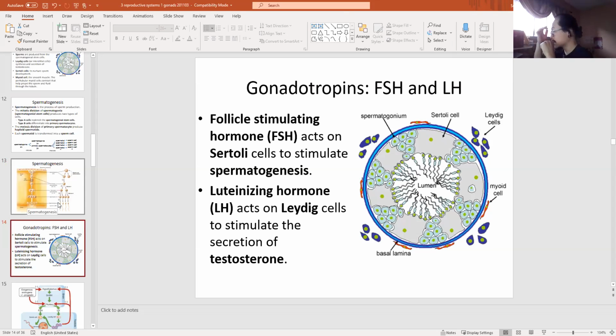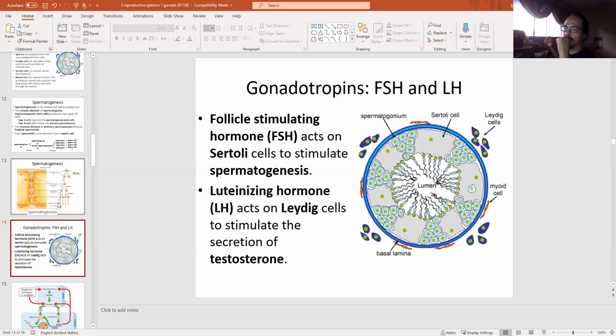How does our body regulate this? So you probably know that there is age, right? So male will start to become able to produce sperm and conduct intercourse with female at about the age of puberty. And why is that? Because our body's hormones need to reach a certain level in order to trigger its function, right?